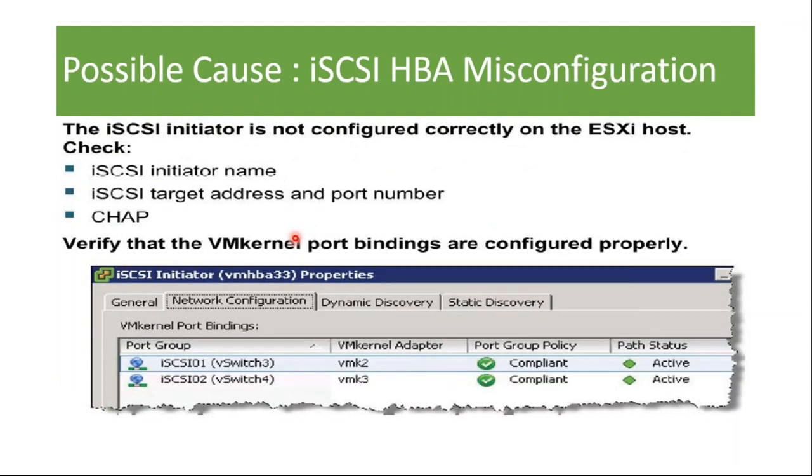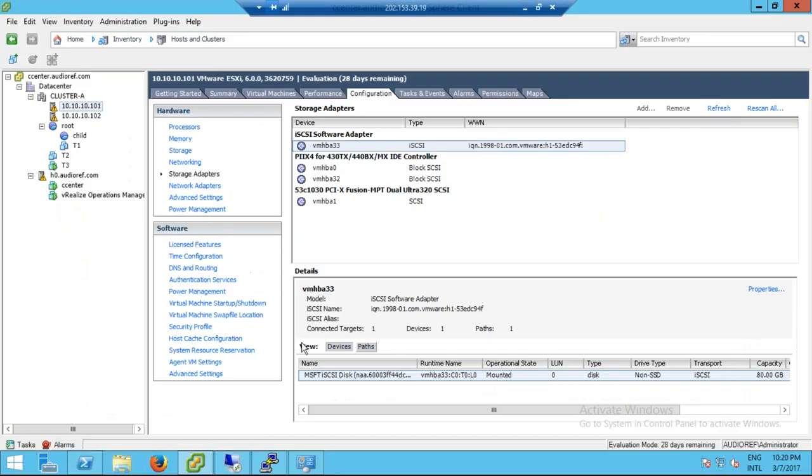So, iSCSI HBA misconfiguration. This is also one of the possible causes to disconnect your IP storage. The iSCSI initiator is not configured correctly on the ESXi host. So what are the components you have not configured correctly? We have to validate here. The iSCSI initiator name.